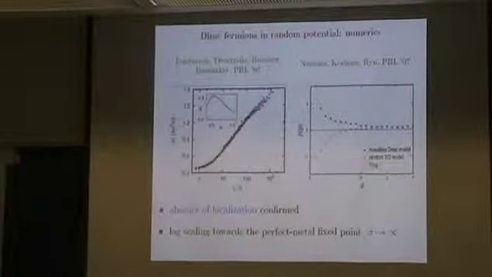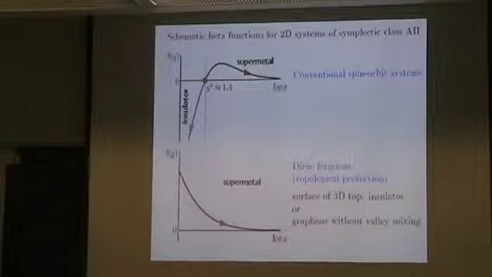And yeah, the two groups studied this model at the same time and obtained the same results. So schematically, what we see can be presented as the following kind of beta function for this symplectic class. If it's a non-topological situation, it's just symplectic class in 2D, we know there is a metal-insulator transition in this symplectic class in two dimensions. So if the conductivity is sufficiently big, then you flow to a super metal.